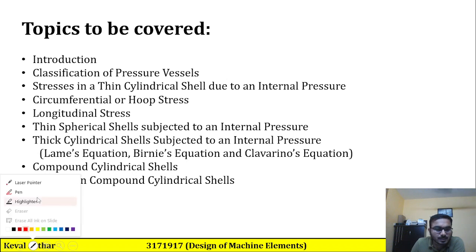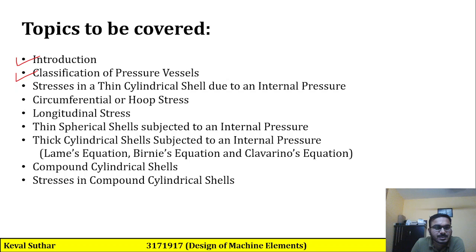See, in this chapter we have completed introduction, classification, stresses, that is circumferential or hoop stress and longitudinal stress. Then we discussed about the thin cylindrical shells subjected to internal pressure and thick cylindrical shells subjected to an internal pressure, in which we have discussed Lam's equation, Bernoulli's equation and Claverino's equation.